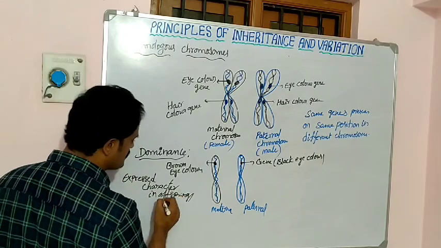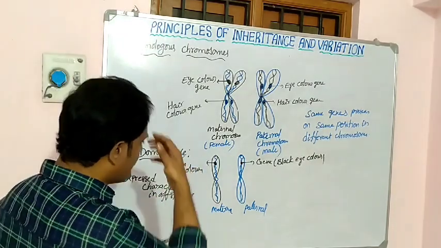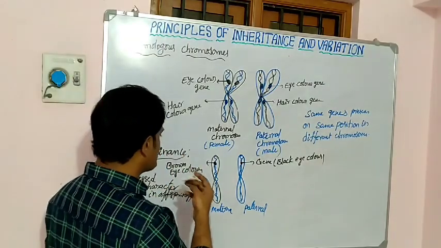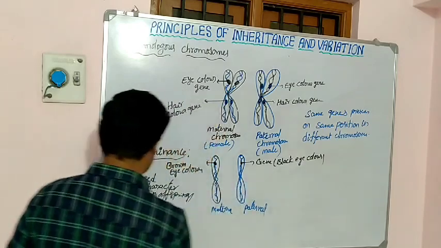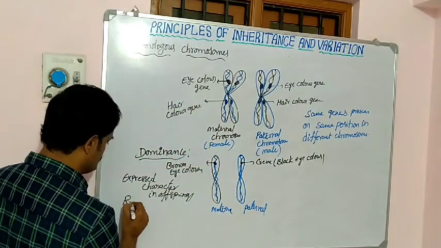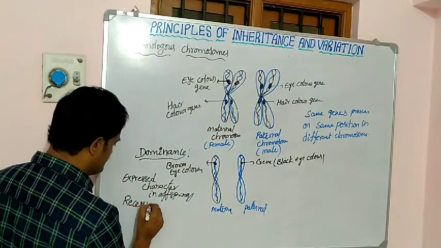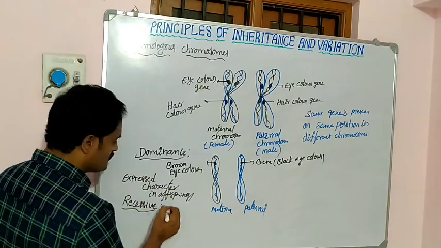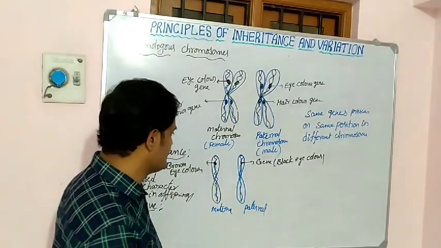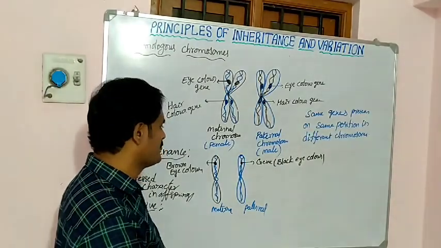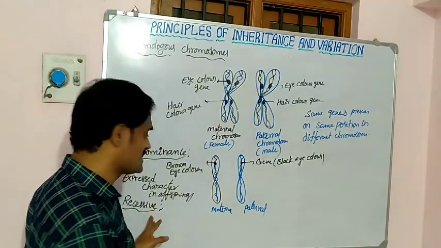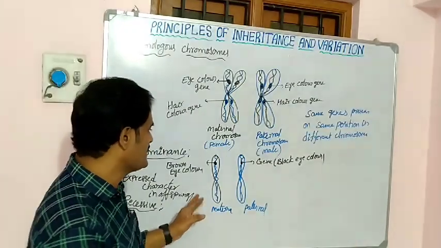Remember. Okay. Then the next keyword is recessive. What is recessive? I will take the same diagram for the explanation.